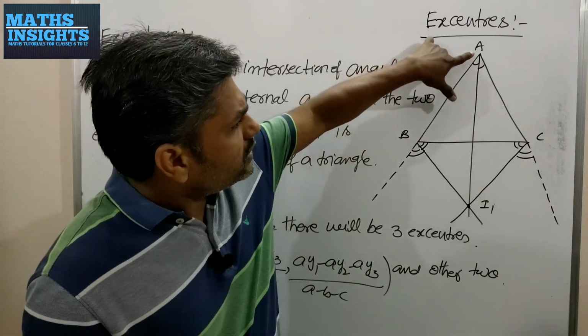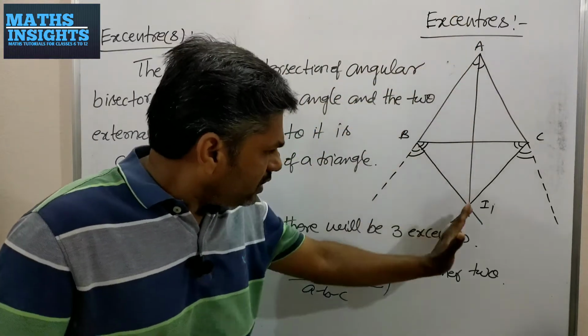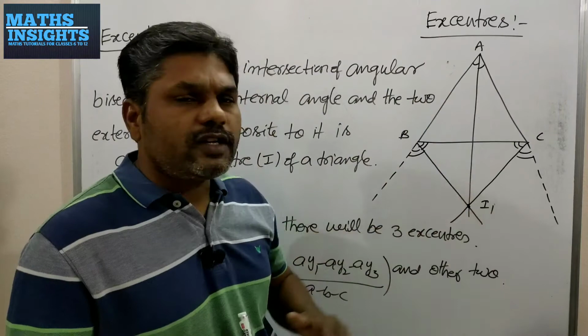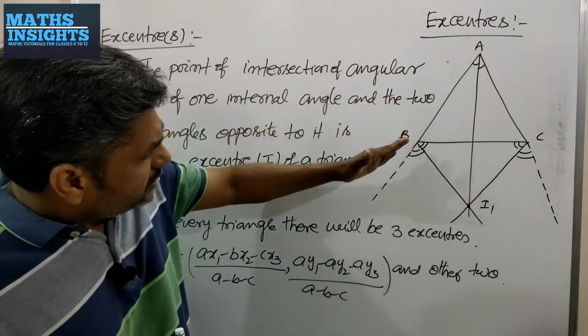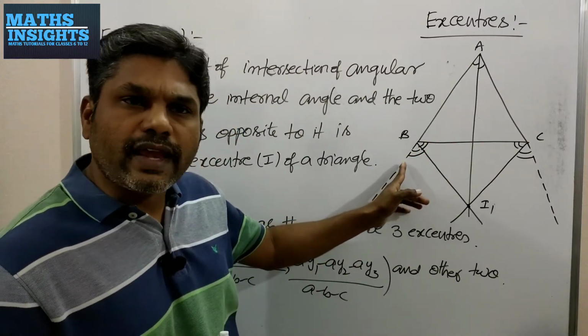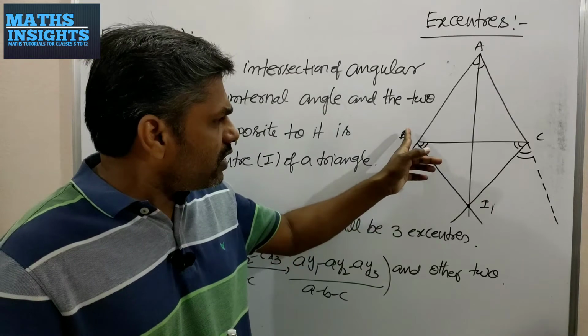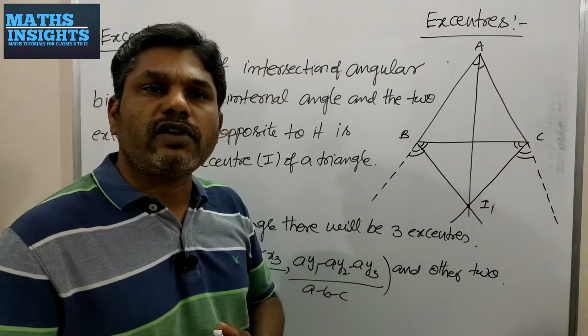See, if you observe, the angle A is there. I am drawing one angular bisector opposite to the side BC, and if you extend the side AB in this way, you will have one external angle here, and if you draw the angular bisector here, we will have one angular bisector.